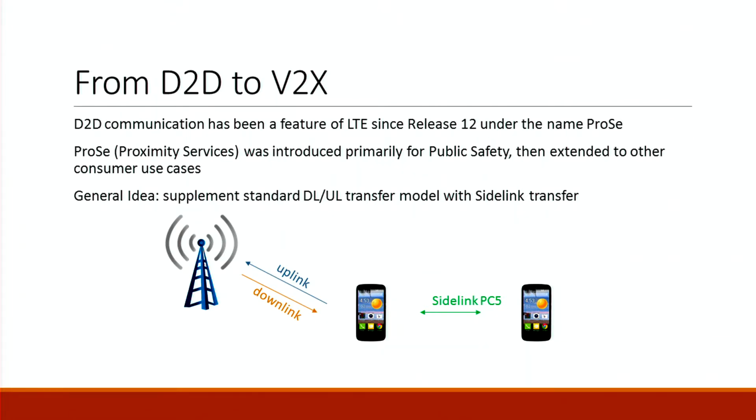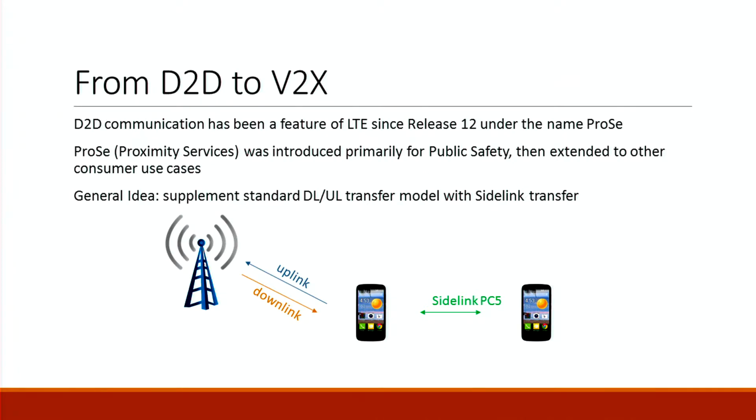PROSE has not lived an easy life, even though it was in release 12, and release 12 dates back at least 4 years. Does anyone here have device-to-device communication on their phones? No. For a very good reason. Because the operators don't like the idea of you exchanging data between your phone and your friend's phone using their resources.